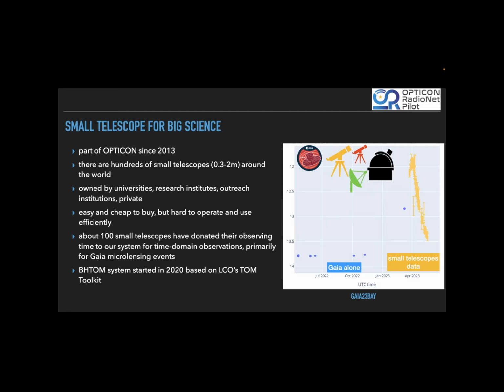We concentrated this work into a system we now call BHTOM, started in 2020, based on the LCO TOM toolkit. Here you see an example of an alert found by Gaia, and then the data contributed by small telescopes.